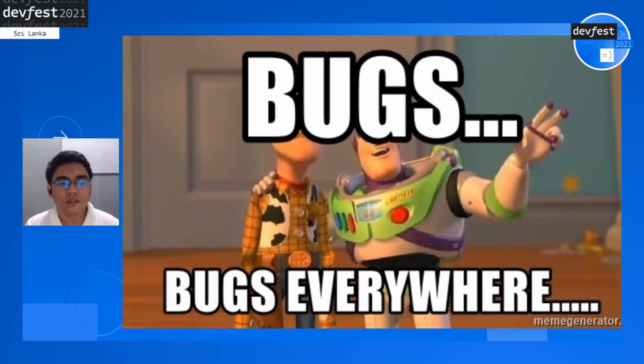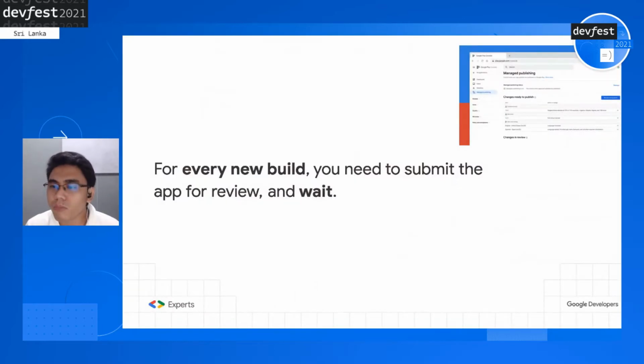Even worse, if the build was shipped without a good series of testing and build checks, there might be a series of bugs that come out from your app if it ever gets deployed to the public. And for every new build, again, you have to submit.